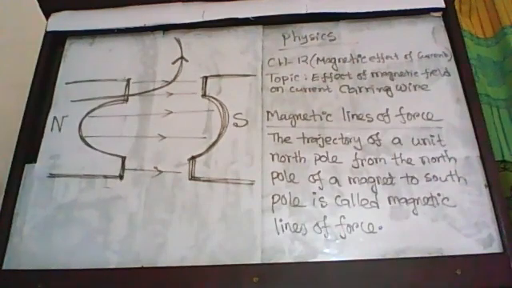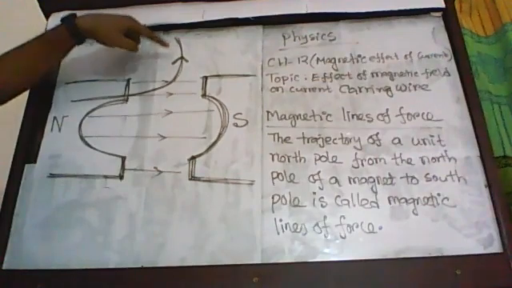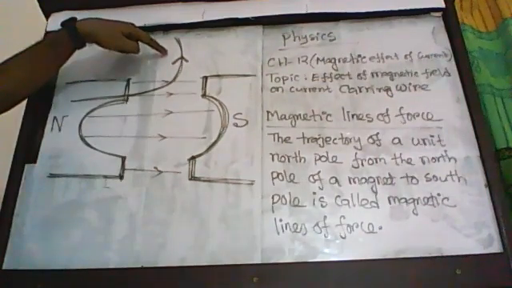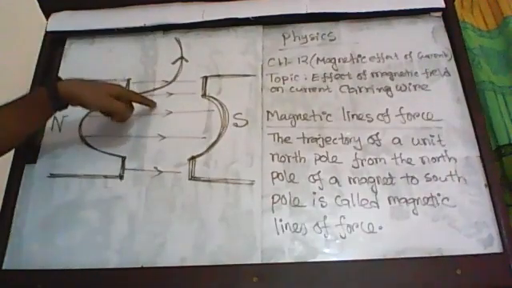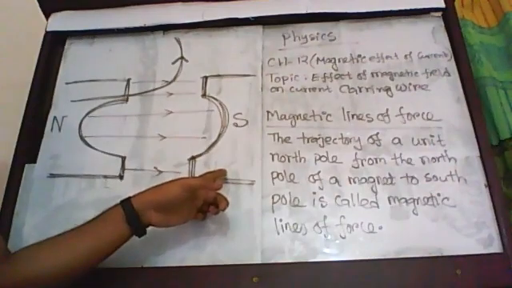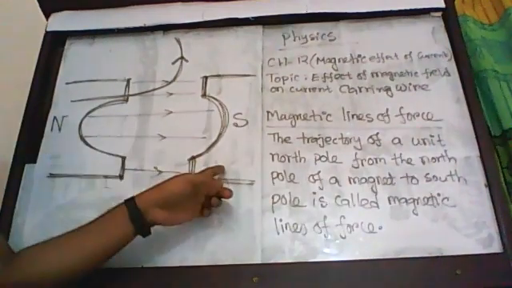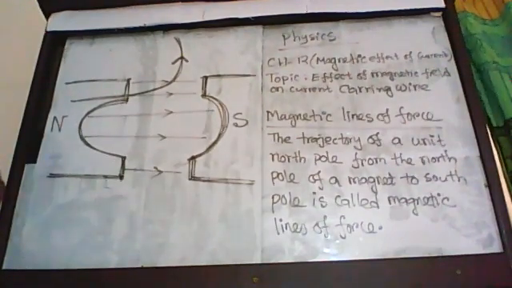Because of this own magnetic field, it also creates an impact. But this is a fixed horseshoe magnet, a strong magnet, so this magnet's magnetic field is stronger than the magnetic field produced by a current carrying wire.